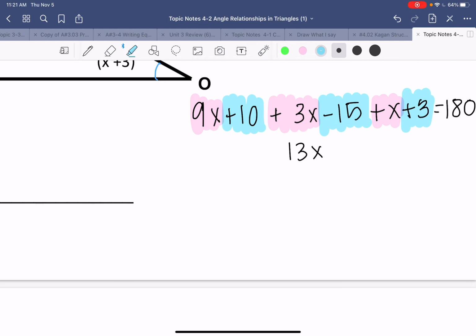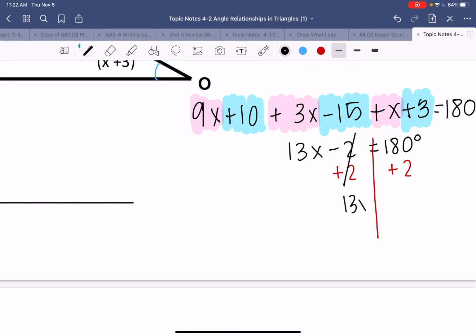Positive 10 plus a negative 15 gets negative 5, and negative 5 plus 3 gets us a negative 2. Set it equal to 180 degrees. Now I can draw my railroad tracks and solve for x. I'm going to add 2, so I have 13x equals 182.